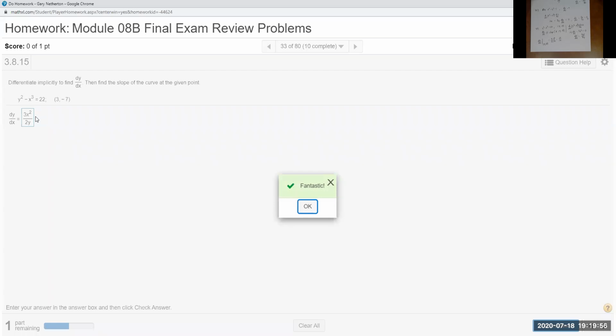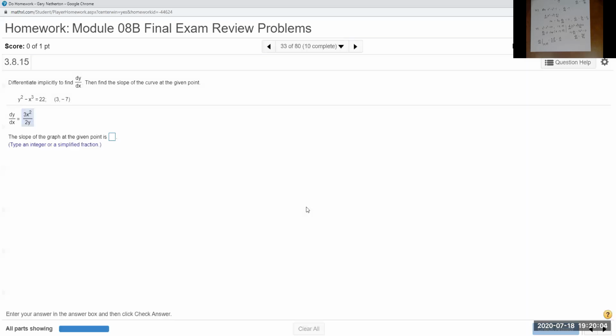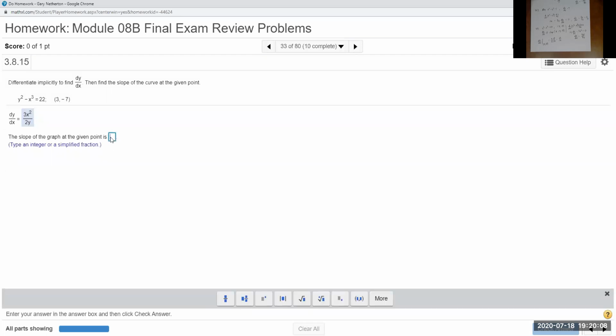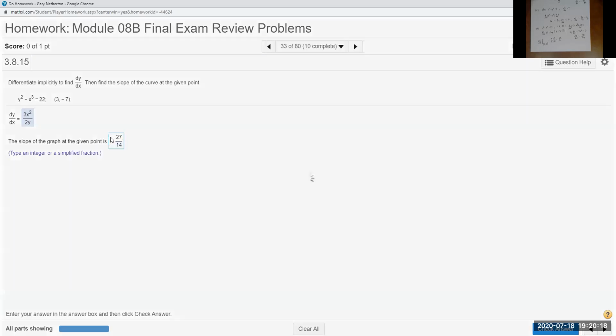Wow. Very, very bad on their part. That is not clear at all. Now, when you plug in the points, negative 27/14. So I actually did it correctly, but I didn't quite understand what they were asking. And in my opinion, they were not very clear.